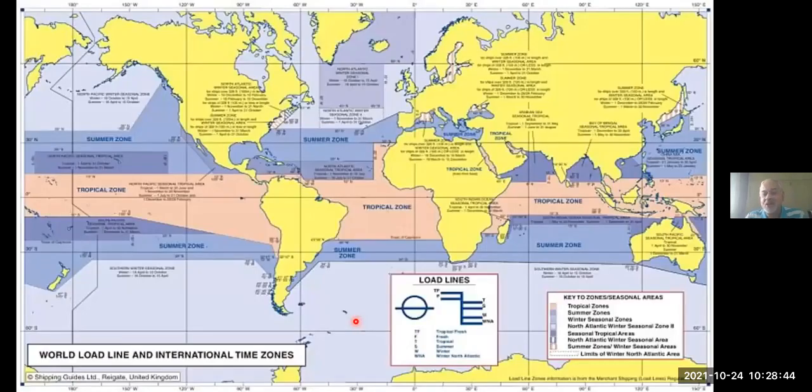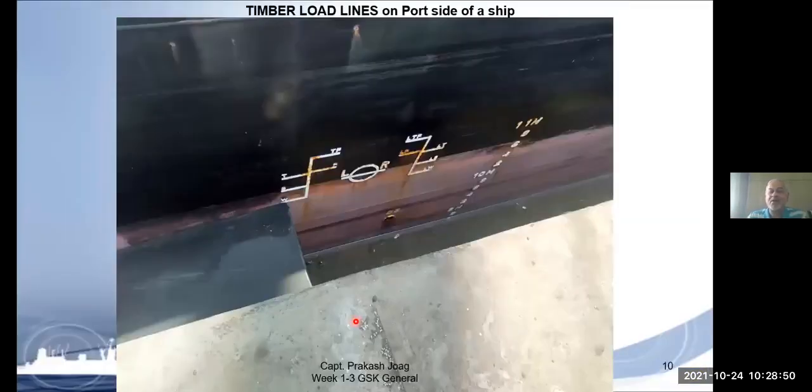This is your load line zones of the world. Tropic, summer. Okay, so I will not spend much time on that. Sir, I have one question on the plimsoll mark. I just wanted to confirm whether this plimsoll mark is based on the climate of that zone or the weather of that zone. There is a very thin difference between weather and climate.